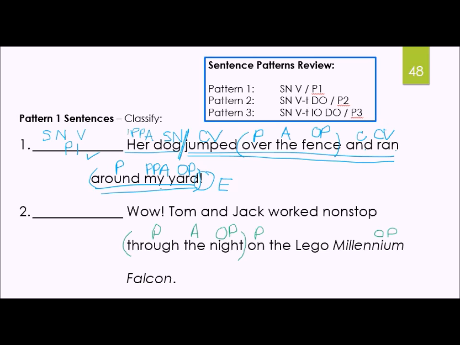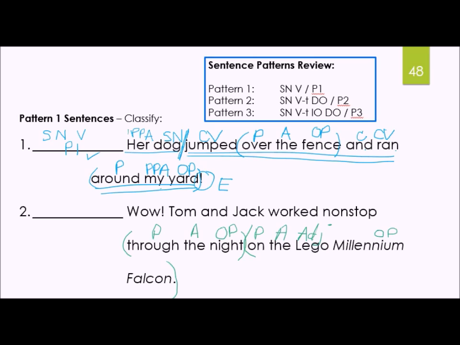What kind? Here, I lost my pen. What kind of Millennium Falcon? It's a Lego Millennium Falcon. So what would this be? That's right, adjective, article adjective, the. Let's put our parentheses around the whole thing. All right, what do we have? Do we have any other prepositions? I don't see any, so let's read the whole thing without those prepositional phrases.